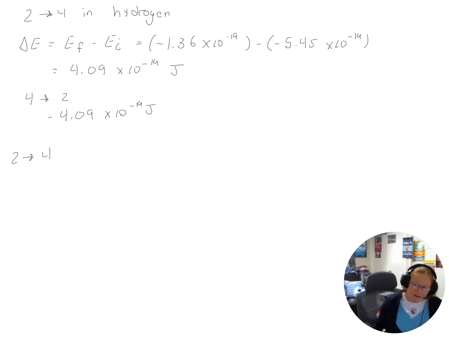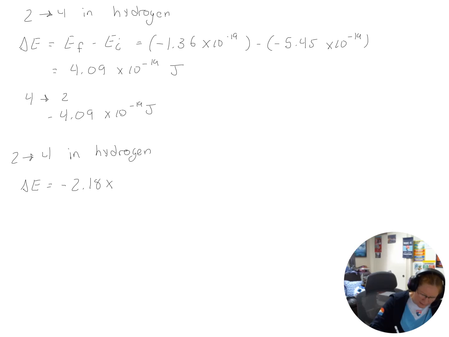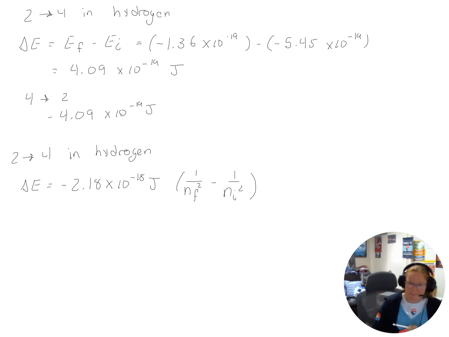Okay, there's another equation that we can use for hydrogen. My delta E is that first energy level, negative 2.18 times 10 to the negative 18th joules, times 1 over n final squared, minus 1 over n initial squared.